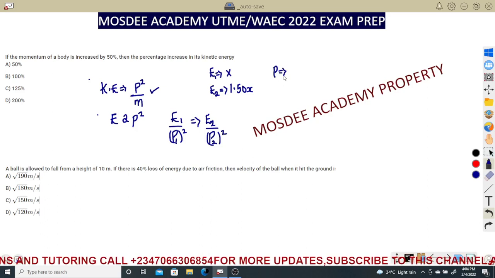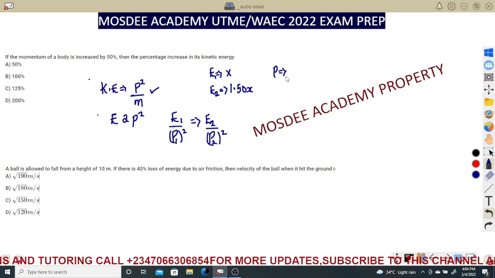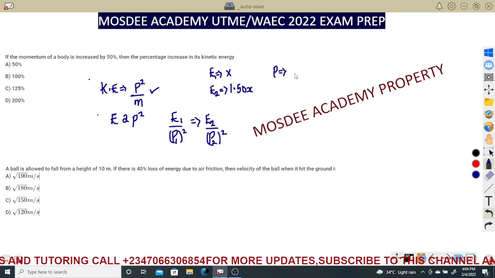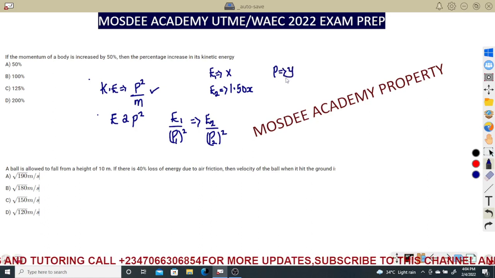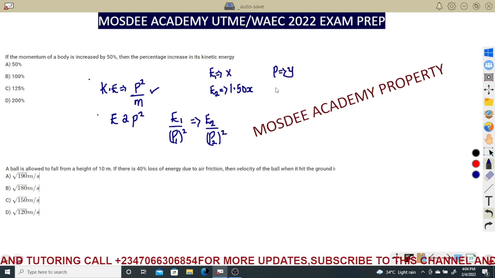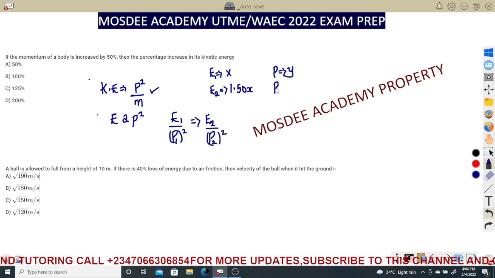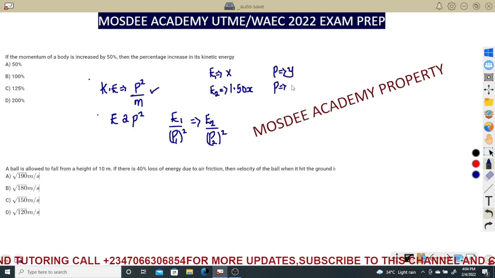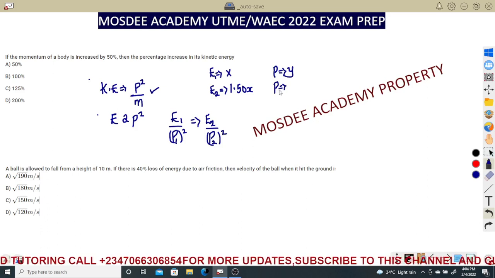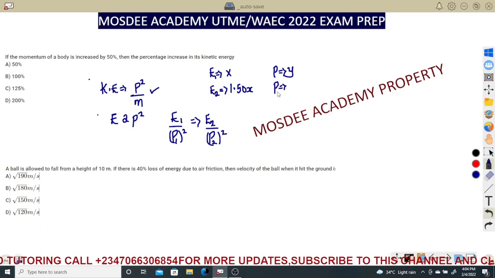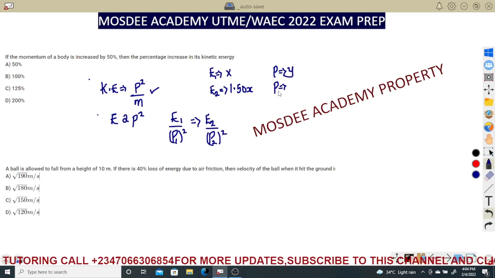Momentum is P, impulse is J. Now, we are looking for the momentum of the second one, which we don't know. They said the momentum of a body is increased by 50%. What will be the increase in kinetic energy?